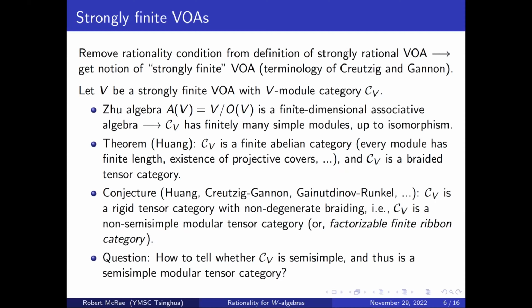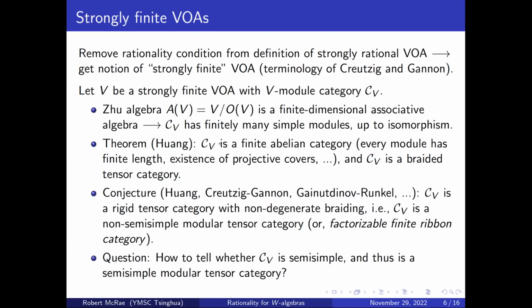It turns out that simple modules of A(V), the Zhu algebra, are in one-to-one correspondence with simple modules of V itself. In the case of a strongly finite VOA, this associative algebra is finite dimensional, so the category of modules for a strongly finite VOA has finitely many simple modules.